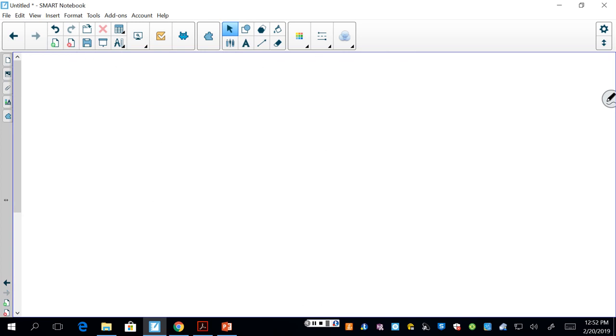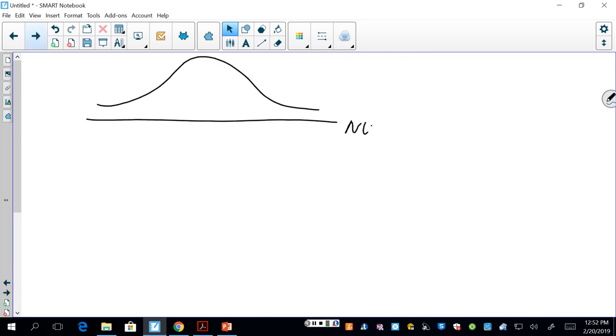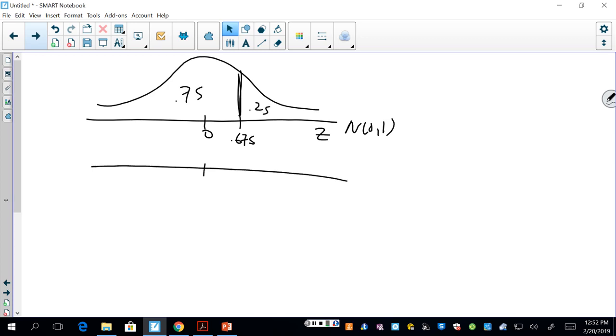So if we have a picture here for a standard normal, and here is 0, and 0.675 approximately has 75% below, this one has 25% above. Now we're looking for the point down here somewhere that has 25% above it. So by symmetry, it's the negative of that.